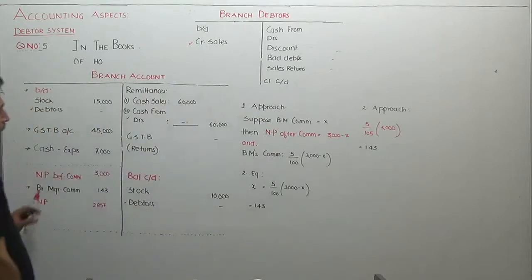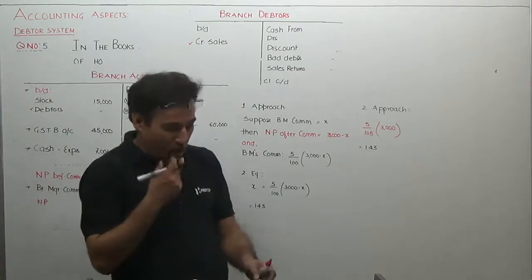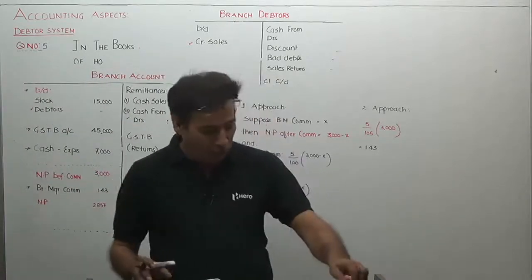Is it clear to you how we compute after taking cognizance of question number 5?